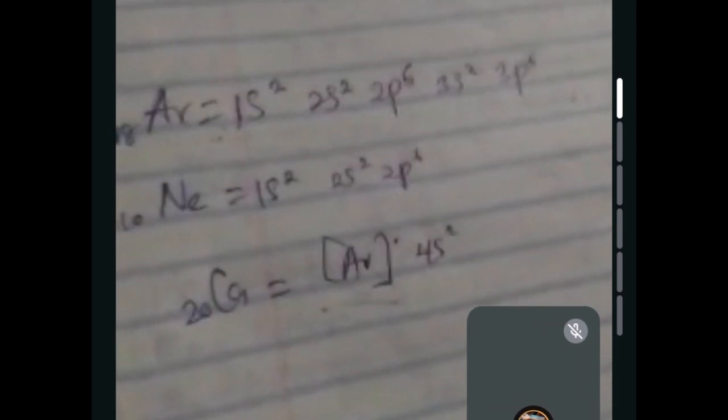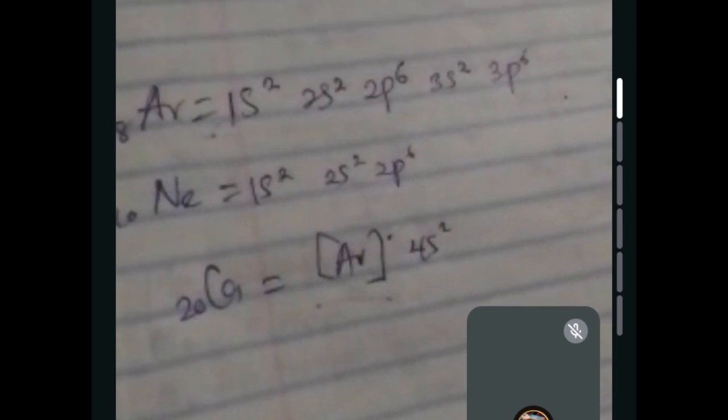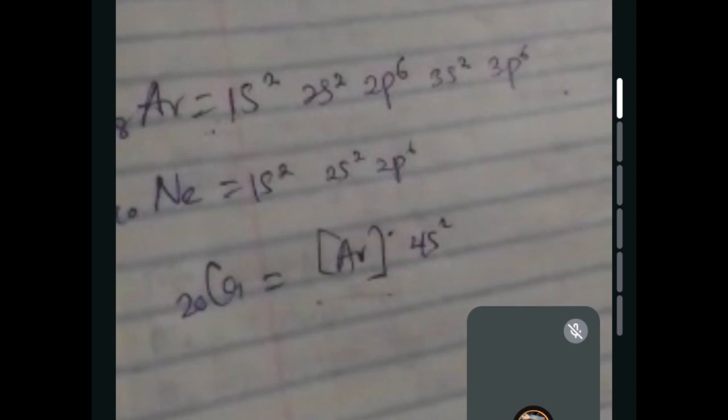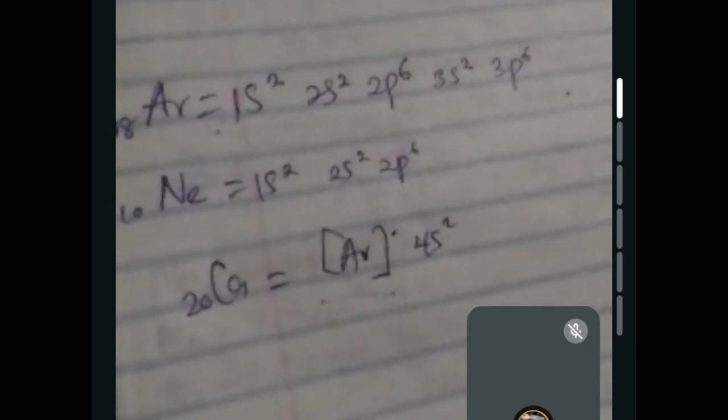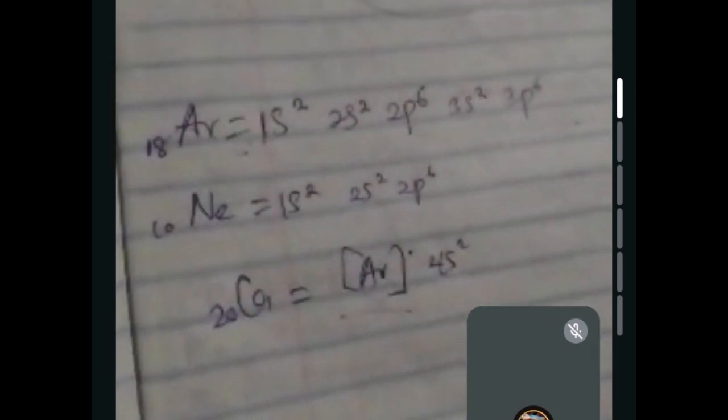Argon represents all these things, the electronic configuration of argon. The reason they use it is that argon is a noble gas with all its shells completely filled. Helium, neon, argon, krypton, xenon all have their shells completely filled, so they can be used. It depends on how close they are to the element. Argon is very close to these elements, so they don't write all these things out.